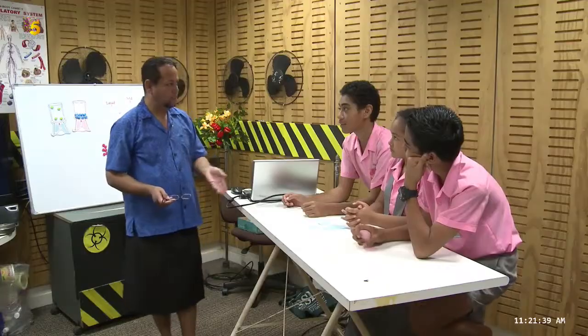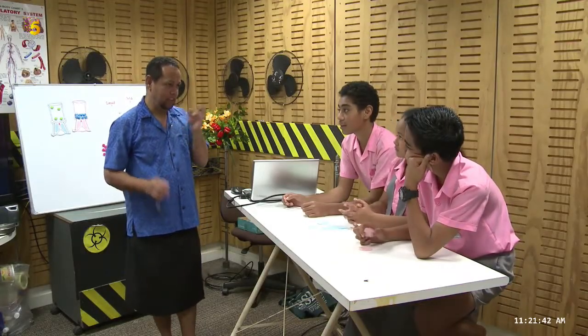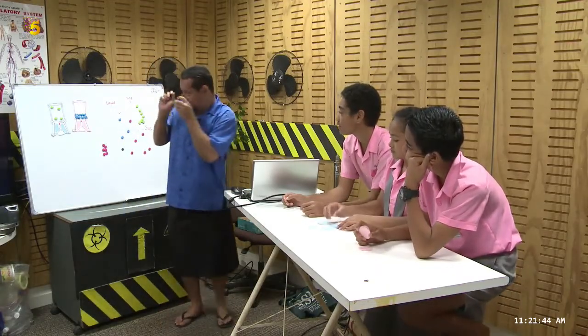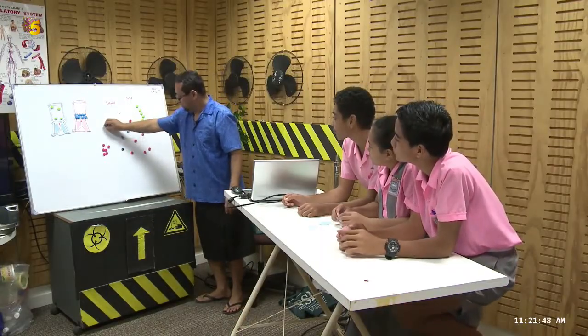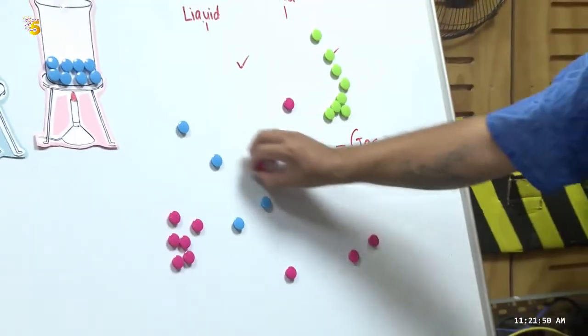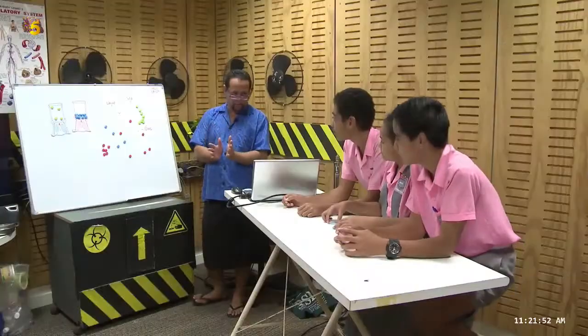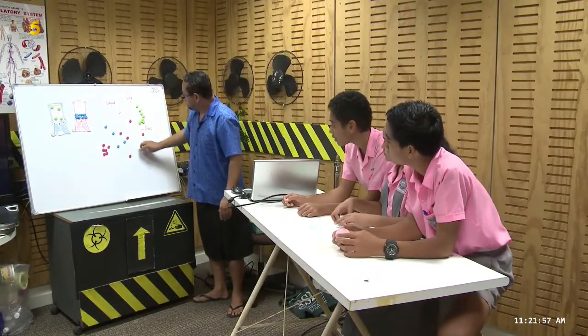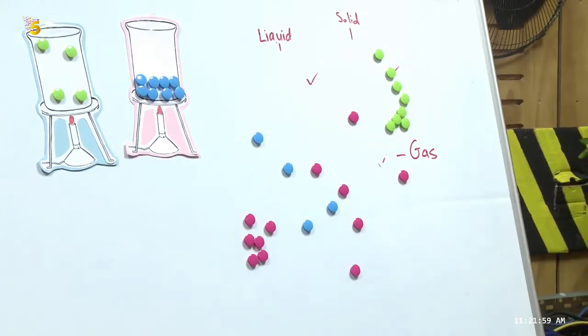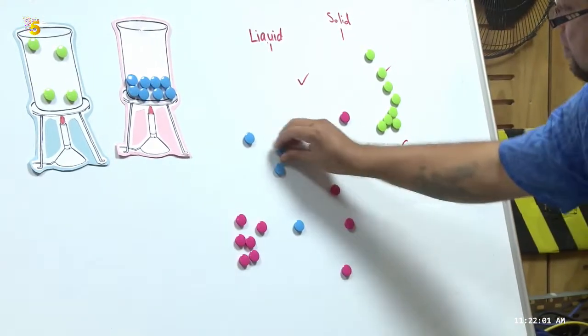So what is an element? Let's have a look here. Say that these are all elements, and this represents atoms. Atom is the smallest, simplest unit of any matter.